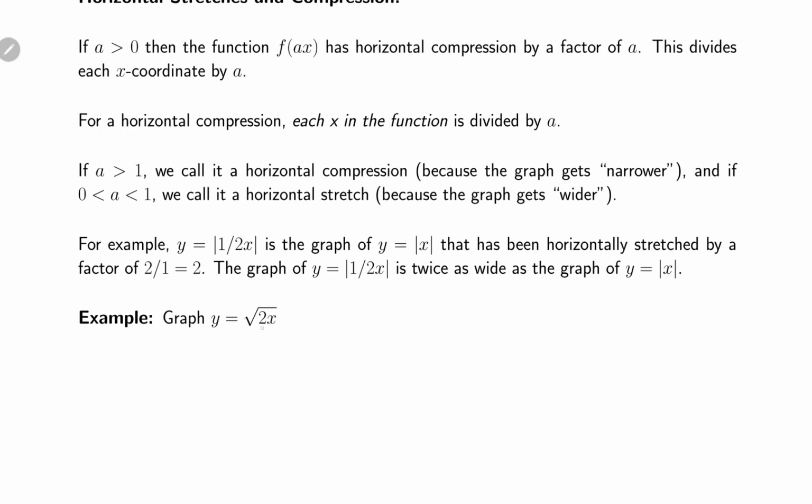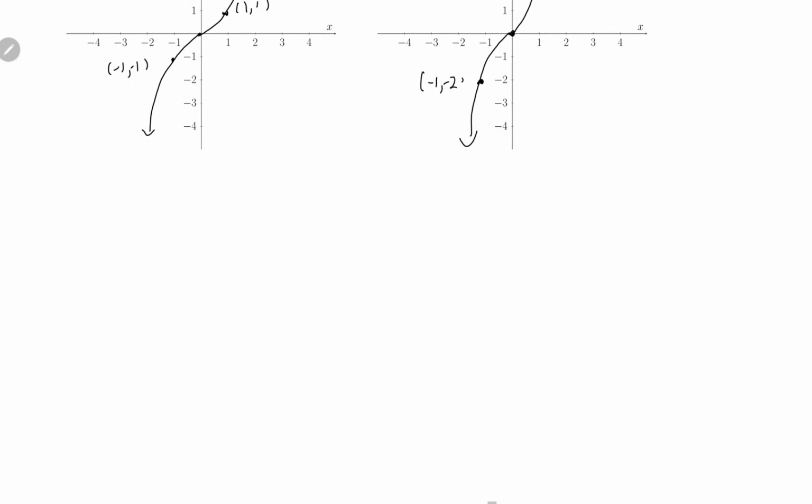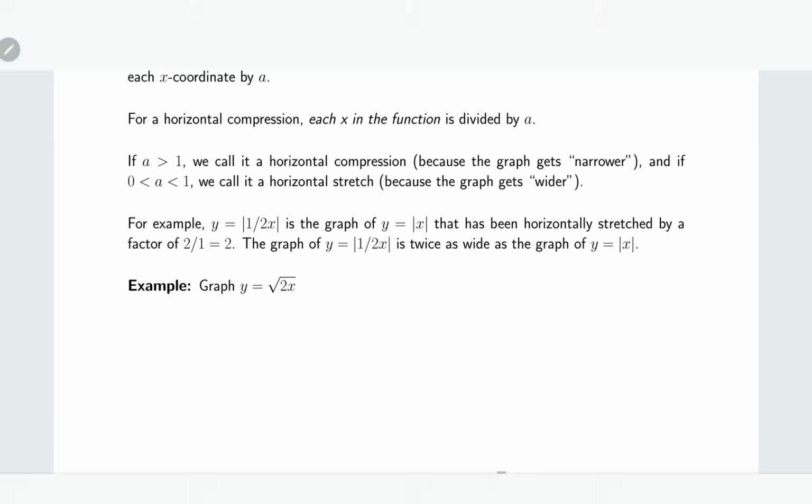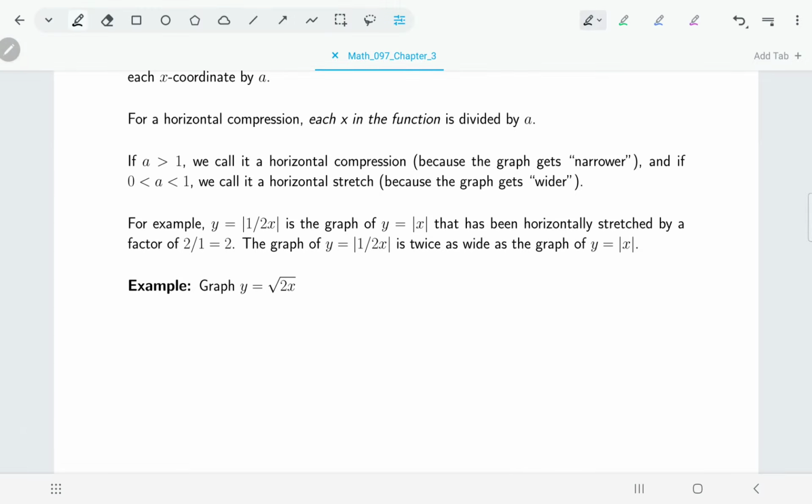So for this square rooting graph, I have a 2 in front of my x, which means that when I'm thinking about graphing it, I'm going to now divide each x value by 2. Which means that we're going to be 2 times narrower than the original function would be.